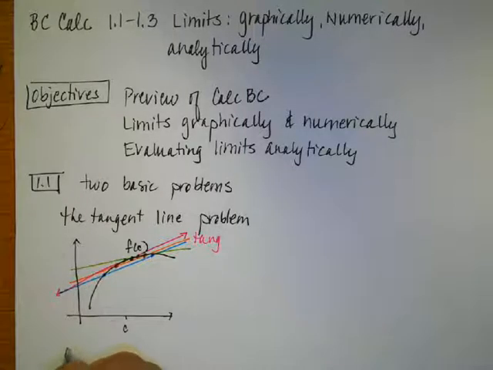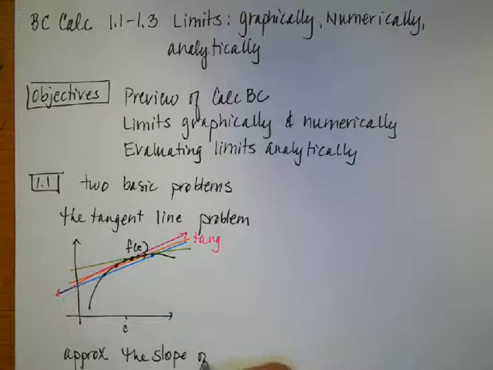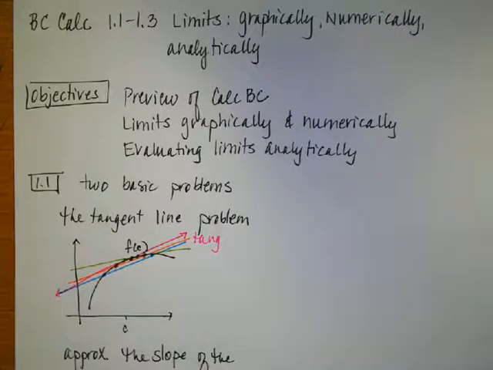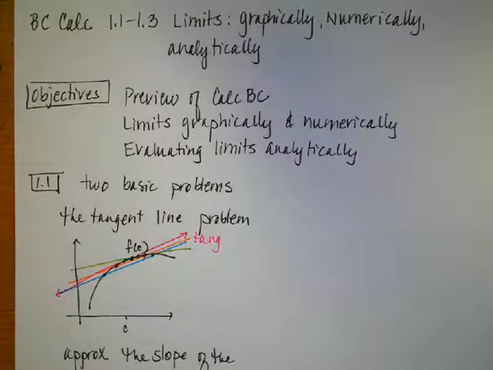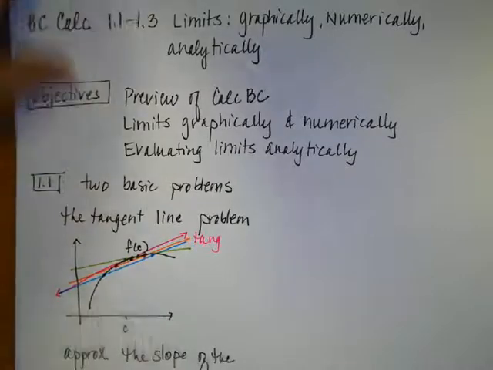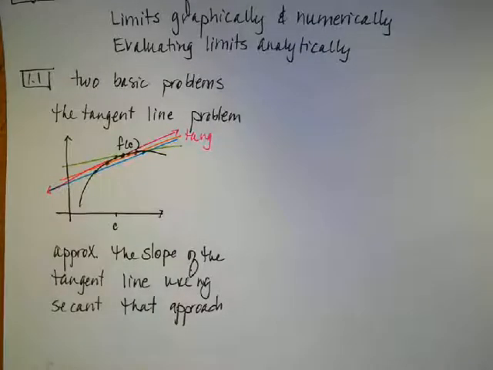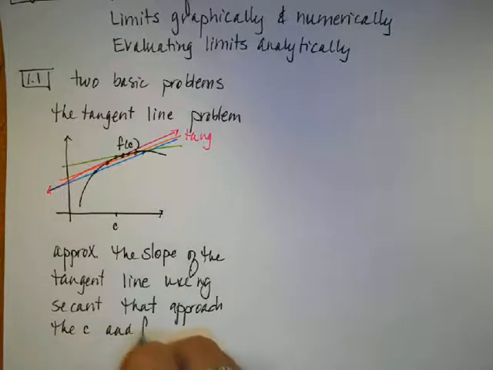So I'm going to write that I can approximate the slope of the tangent line using secant lines that approach the C and f of C value.